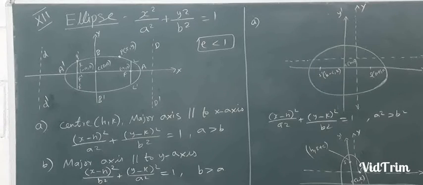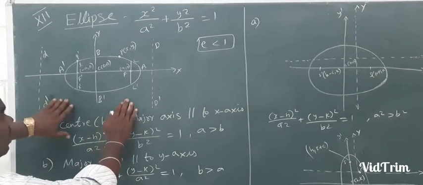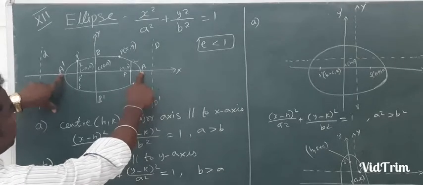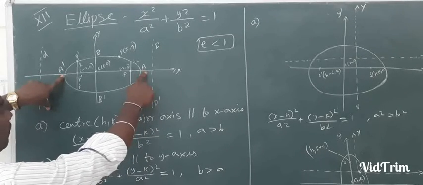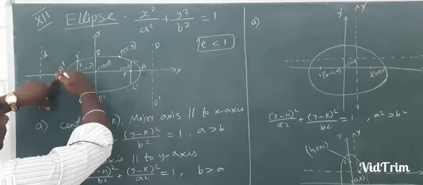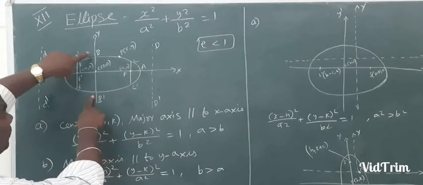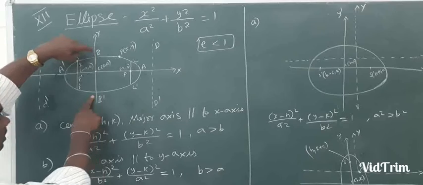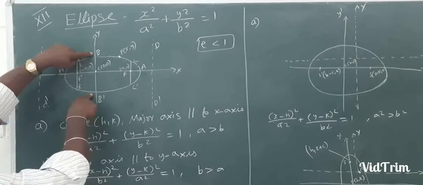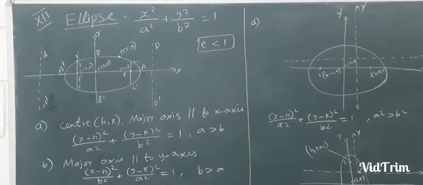This is the simple ellipse concept. Here A and A dash are the vertices, the first and second vertices. A A dash is called the major axis, and B B dash, the top and bottom ends, is called the minor axis. So we have two axes of the ellipse.